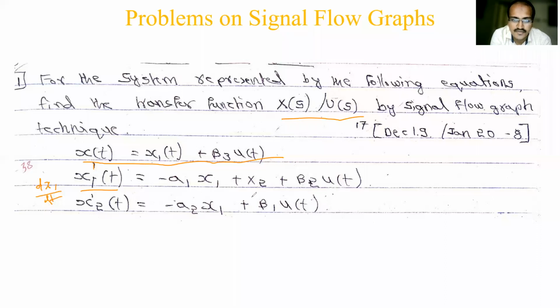This is the second system equation. Third one, x2 dash of t, again meaning dx2 by dt.